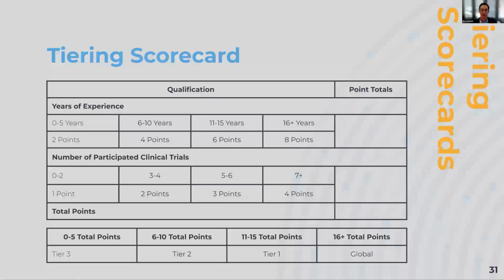But for each of these options, for each of the criteria, you have values awarded according to experience, and then points are tallied, and the HCP is assigned a total score. And then based on that score, as we see at the bottom of the slide, the HCP is assigned a tier. And remember, the tier directly influences hourly remuneration rates.